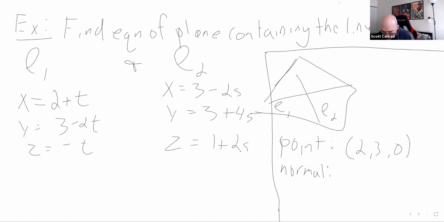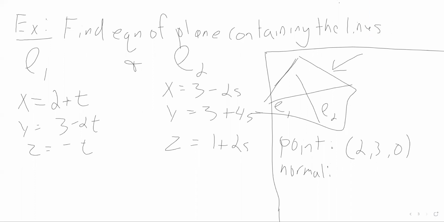So, normal vector. From this picture, how could we find a normal vector from these two lines? The cross product of the two.